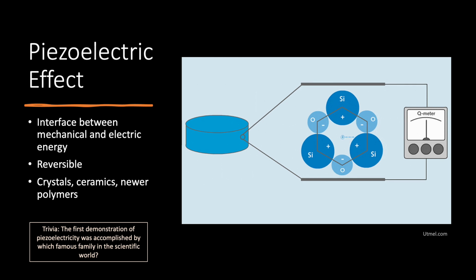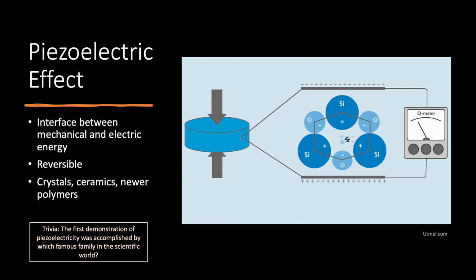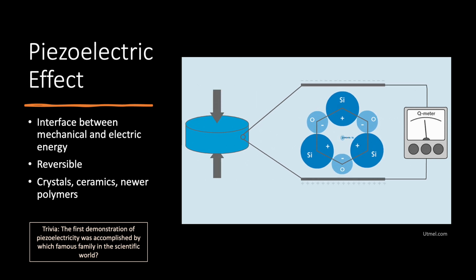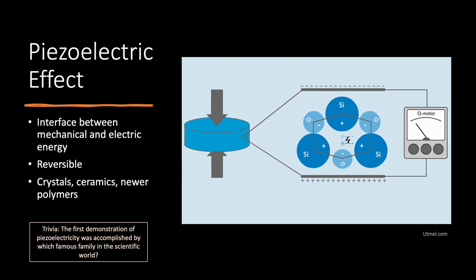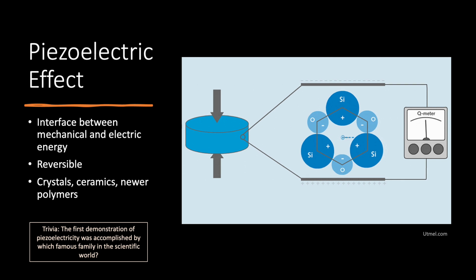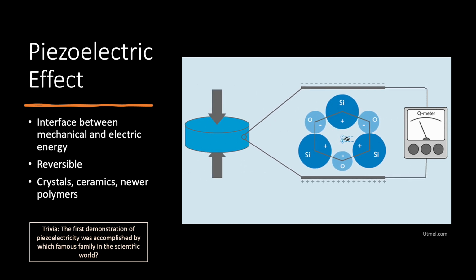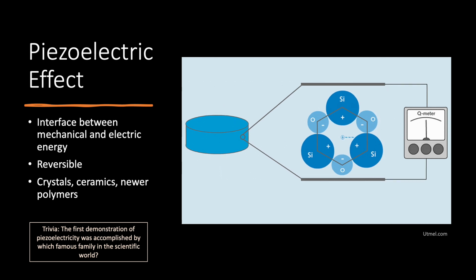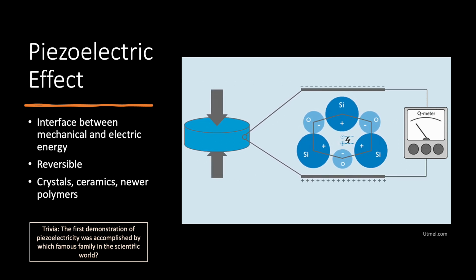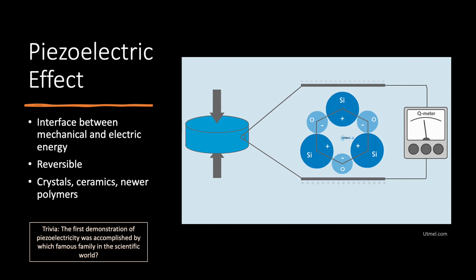And this displacement causes the generation of an electric field, and vice versa. If we applied an electric field, which is what we do with our ultrasound transducers, you get a small mechanical displacement, which over time could result in the generation of a sound wave if you applied enough of it at the right energy levels to generate sound.